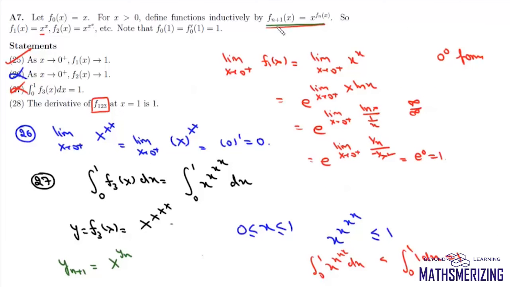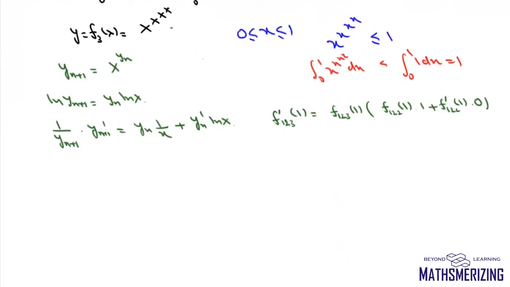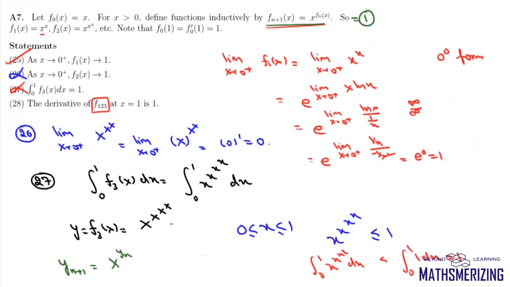Now, any fn plus 1 x is 1 to the power 1 to the power 1 to the power 1. So this value will always be 1. So value of f123 at 1 is 1 and f122 at 1 is also 1. So value of this derivative will be 1. That means this statement 28 is correct. So the correct statements are 25 and 28.